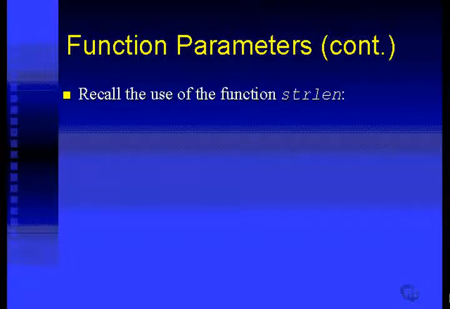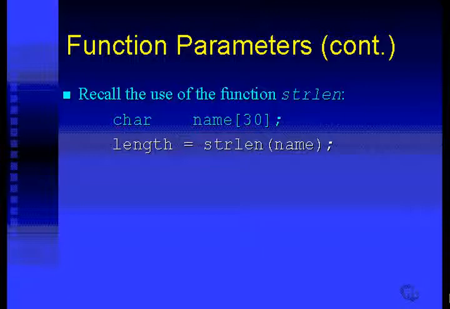Now, remember strlen. Strlen is called like this. We create ourselves a string of any particular length, and then we pass that string, called name, say, into the function called strlen, and strlen gives us back a particular number which represents the length of that string. Now, obviously, somewhere in between those two lines we actually have to assign some value into name. We have to initialize name.